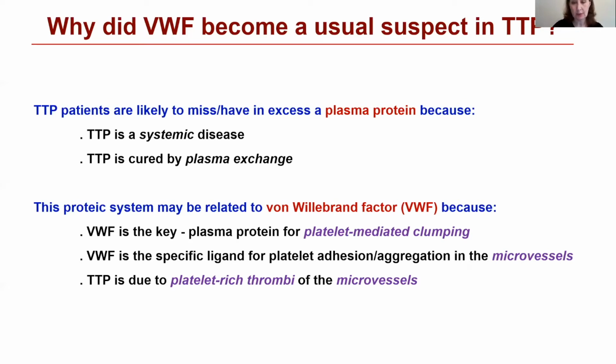It sounds reasonable to think that this protease system may be related to von Willebrand factor because, on the one hand, von Willebrand factor is known as a key protein for platelet-mediated clumping, and these adhesion and aggregation processes specifically happen within the microvessels. And we're going to see why in a flow slide. On the other hand, TTP is due to platelet-rich thrombi specifically present within the microvessels.